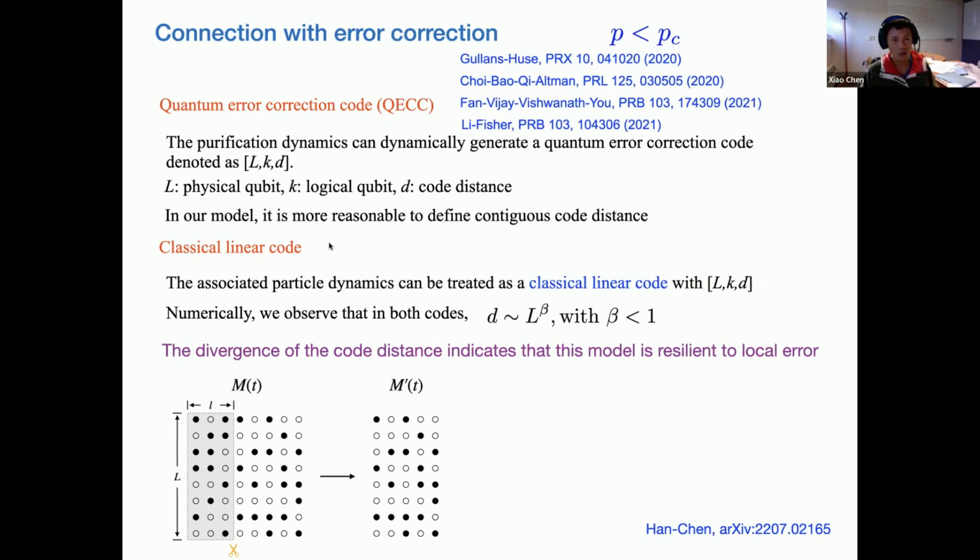So in the automaton circuit, we can show that the corresponding classical dynamics is indeed a classical linear code. In particular, the code distance for this model diverges in the thermodynamic limit. It also indicates why the system is stable under infrequent measurement.